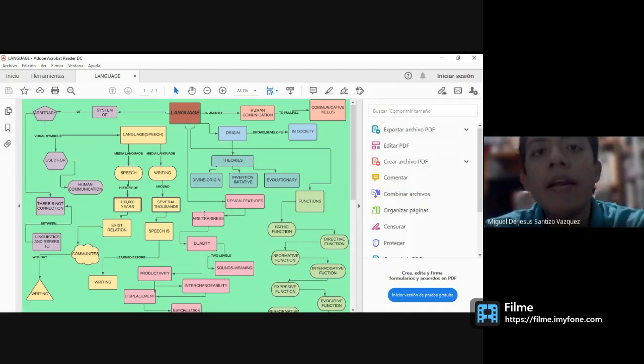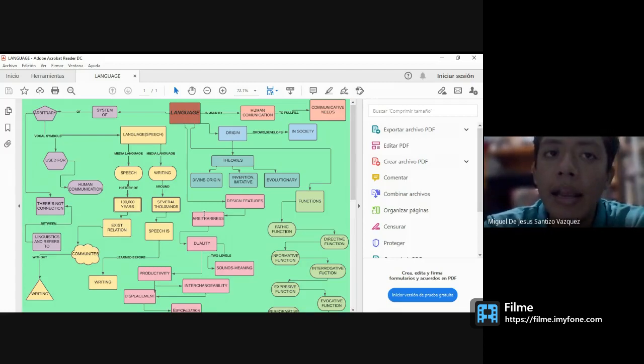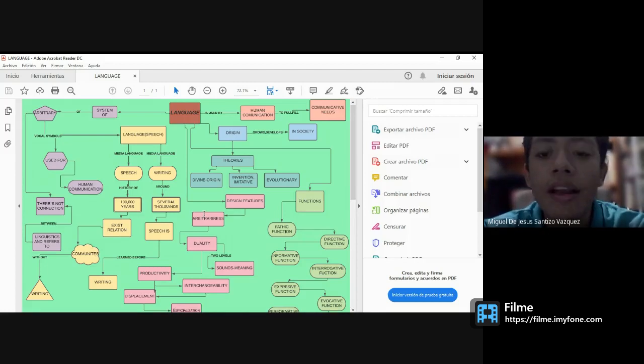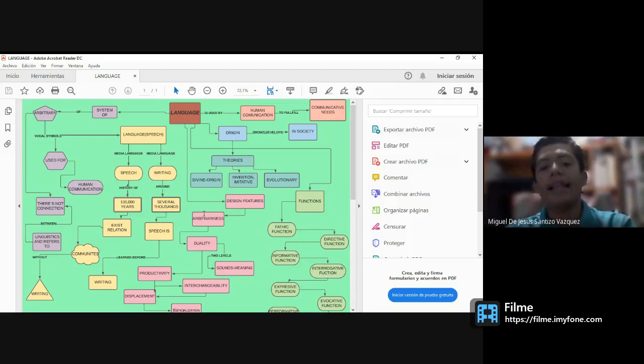Displacement refers to using the language in the present, in the past, in the future, in every kind of time period, and we can imagine it or maybe it happened at a real moment. And the last one, we have specialization, which says that language can be used for such things as breathing or feeding. In functions, the language has different ways to use it.